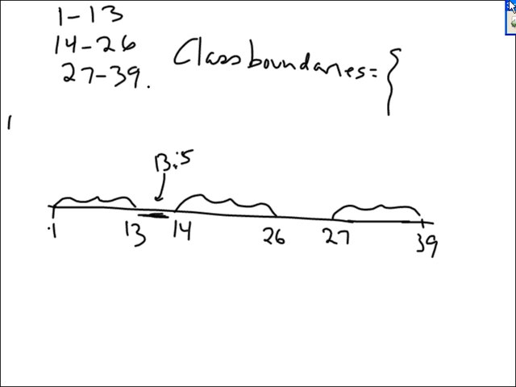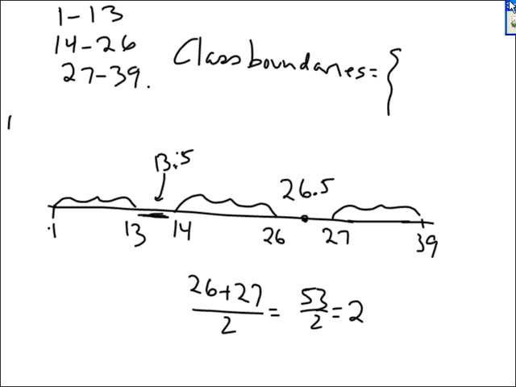Okay, first one, 13.5. In between 26 and 27, if you're really not good at realizing that it's 26.5, add them up, divide by 2. Get 53 over 2, which is 26.5.